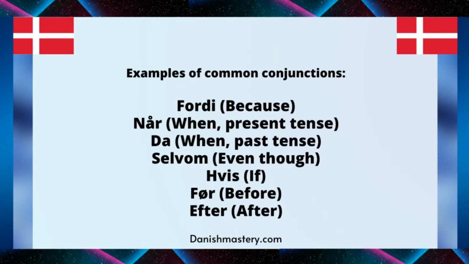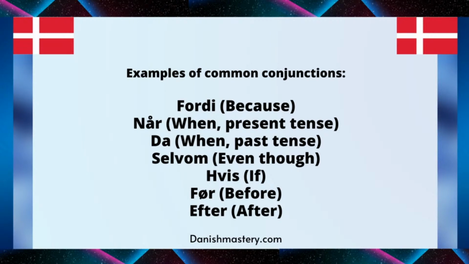Now, conjunctions, like I said, are words that you use to connect sentences or clauses. Some common ones, there are many more, are fordi, because, når, when, present tense, da, when, past tense, selvom, even though, hvis, if, før, before, efter, after. There are many more, but these are some very common ones.